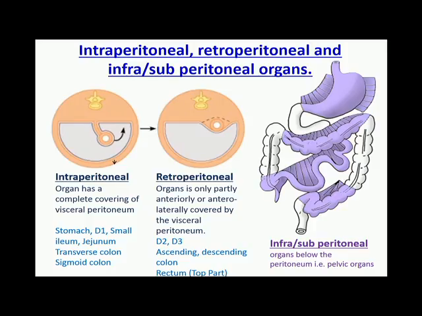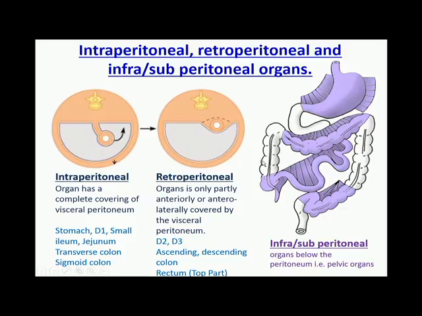We call them intraperitoneal. So intraperitoneal structures, for example, these colored ones, stomach, your transverse colon, your small intestine, cecum and the appendix, and then the sigmoid colon. They will all retain their mesenteries. They retain their mesentery means they are completely covered by the peritoneum. Therefore, they will have a mesentery. They are called intraperitoneal organs.